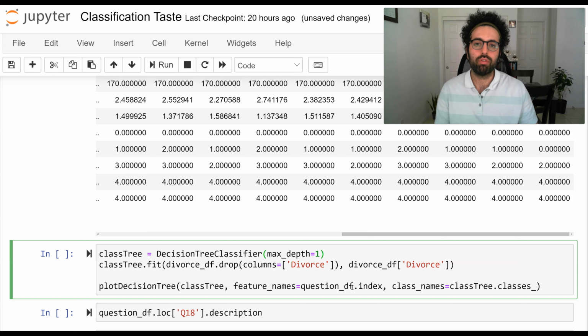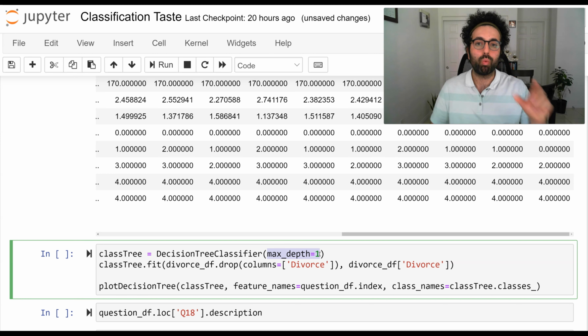Once we start applying data mining algorithms such as classification algorithms, most of the time what that means is you prepare your data in a way that the classification algorithm can make sense of it, and the rest is done by the classification algorithm. So I bring my decision tree classifier, and I set my max depth to 1.